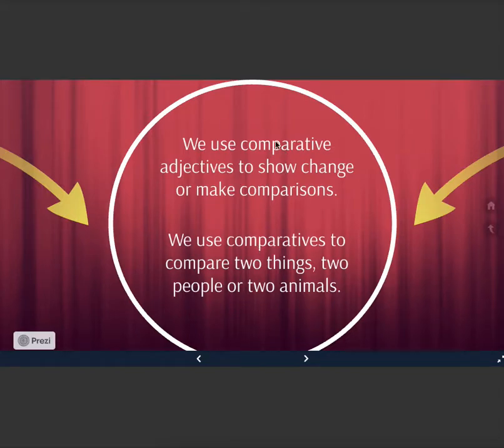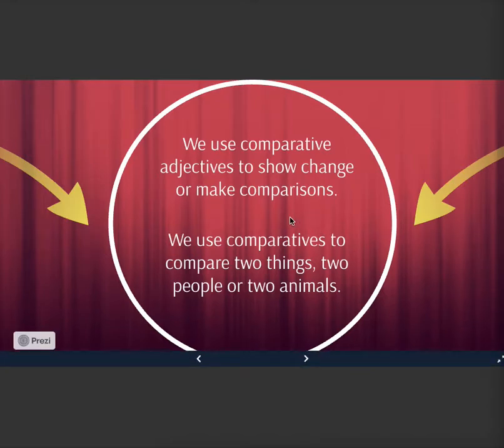So, beautiful Sari, can you please help me reading this part? Yes. We use comparative adjectives to show change or make comparison. How did you say it? Comparisons. Okay, comparisons. We use comparatives to compare two things, two people, or two animals.